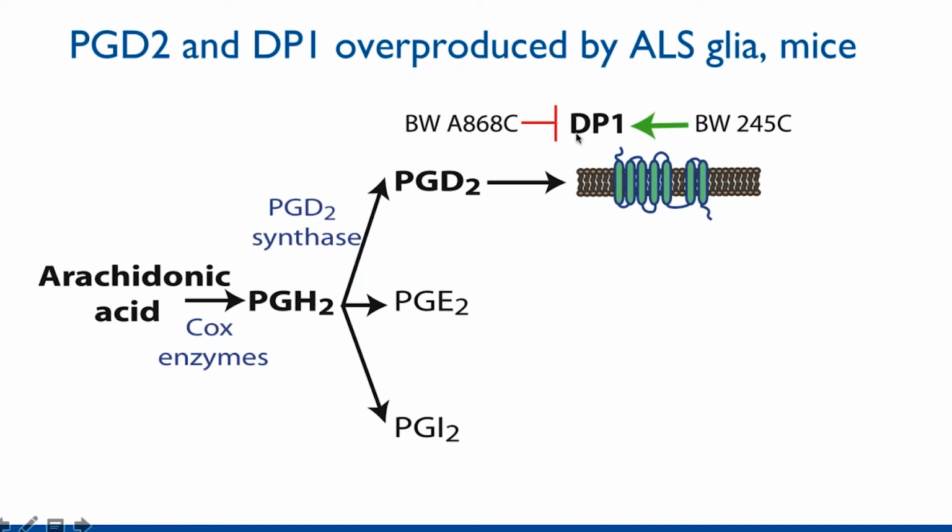This receptor is activated in a variety of different inflammatory cells, like mast cells and neutrophils and microglia. And when it's activated, it leads to inflammatory degranulation of those cell types. And so it seemed like a reasonable target to explain this type of non-autonomous effect of those immune cells on the motor neurons in culture, and potentially inside a patient or a mouse model as well.